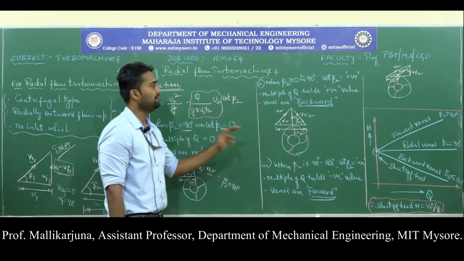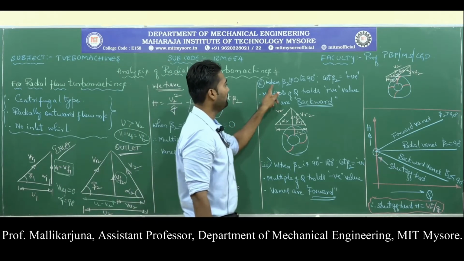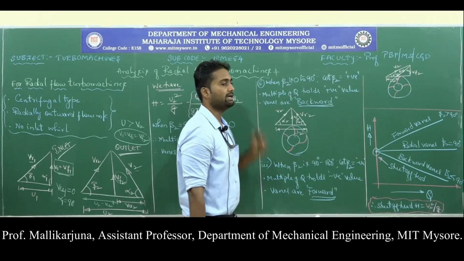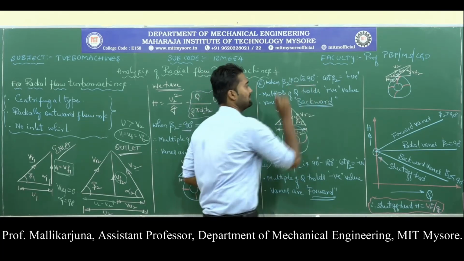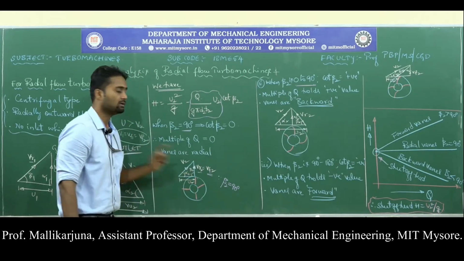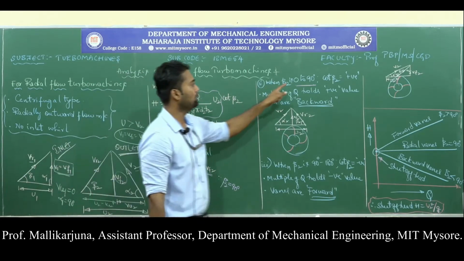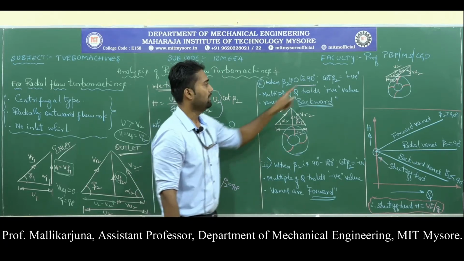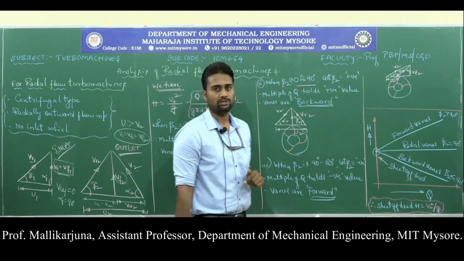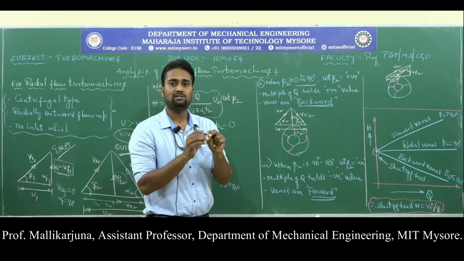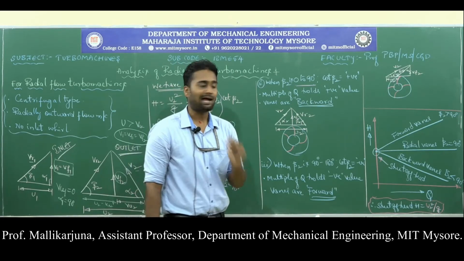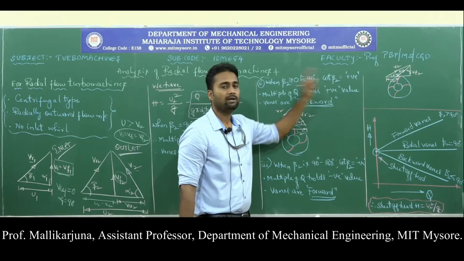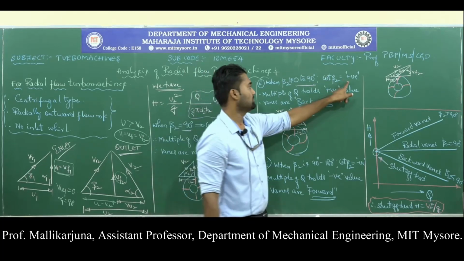Now, the second variation is when beta 2 is in between 0 and 90 degree. We have just looked at the value where beta 2 is equal to 90 degree. Now, I will be looking at the value when beta 2 is in between 0 and 90 degree. Cot beta 2 becomes positive; between 0 and 90, if you give any angle for beta 2, then cot beta 2 will hold a positive value.